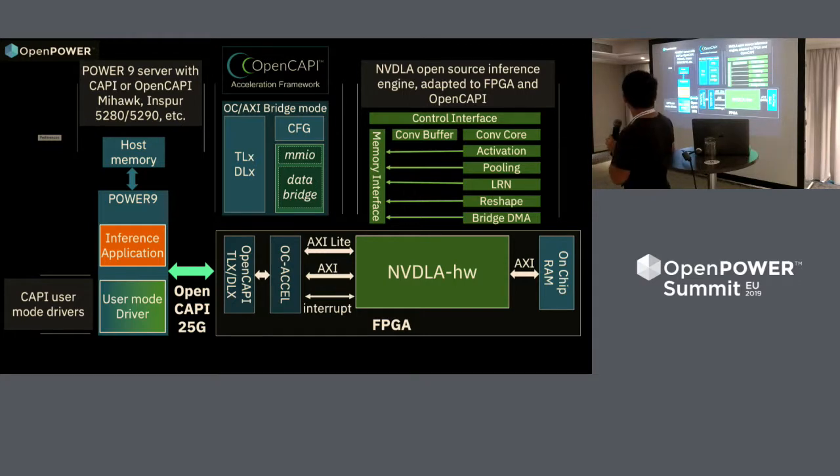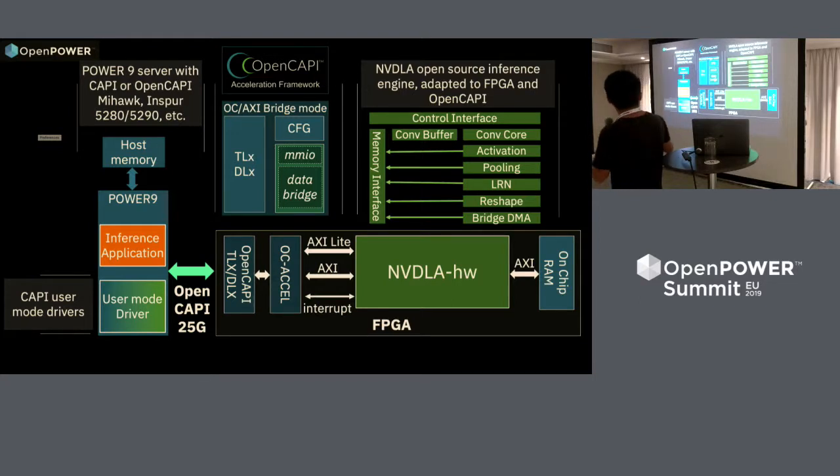So I think OC-Accel really helps here, because for this kind of open source project, they have an AXI interface, and you don't want to change that to another interface, for example TLX, because it's really a complicated design. If you want to change that to TLX, it actually means you need to reinvent this data bridge by yourself.